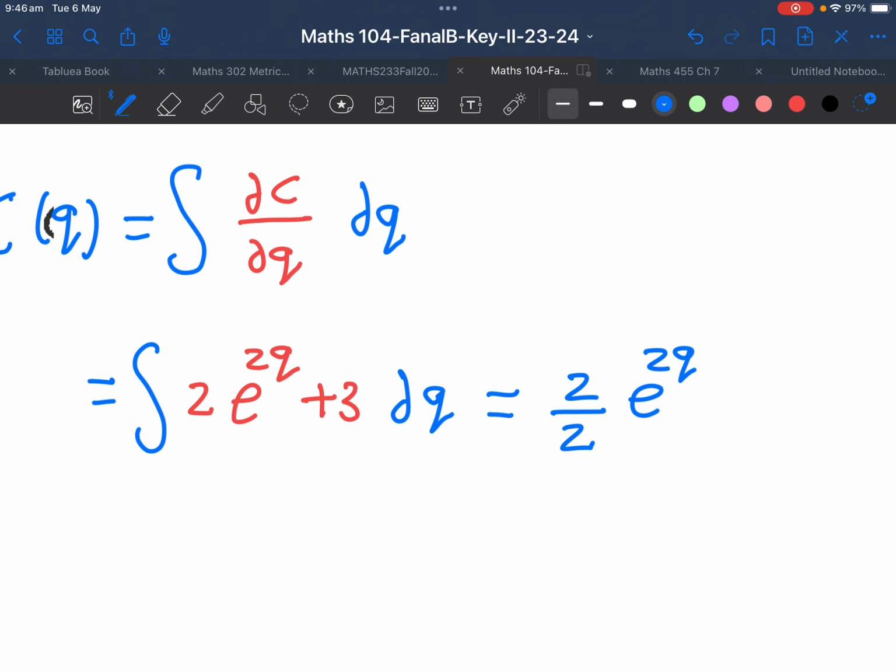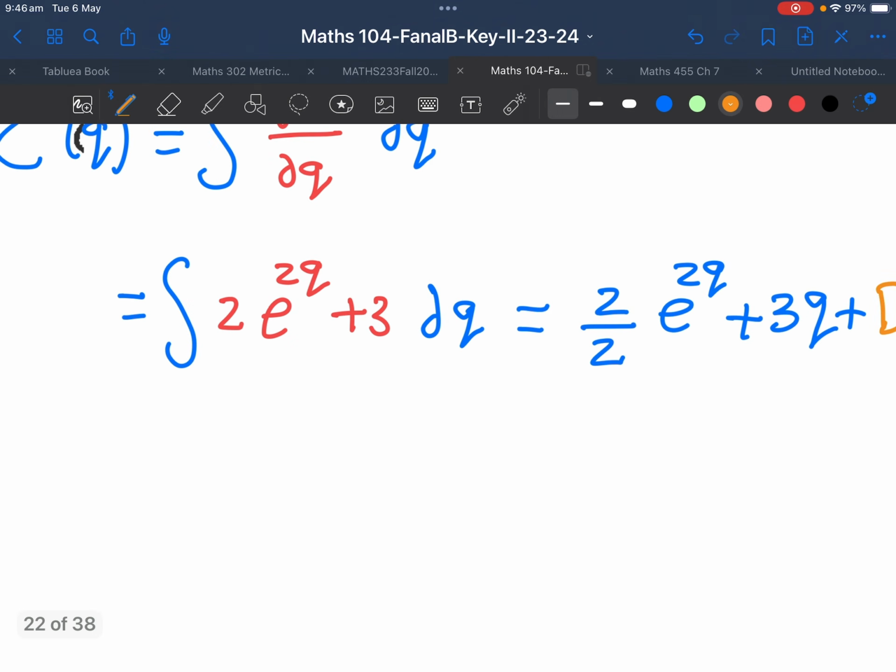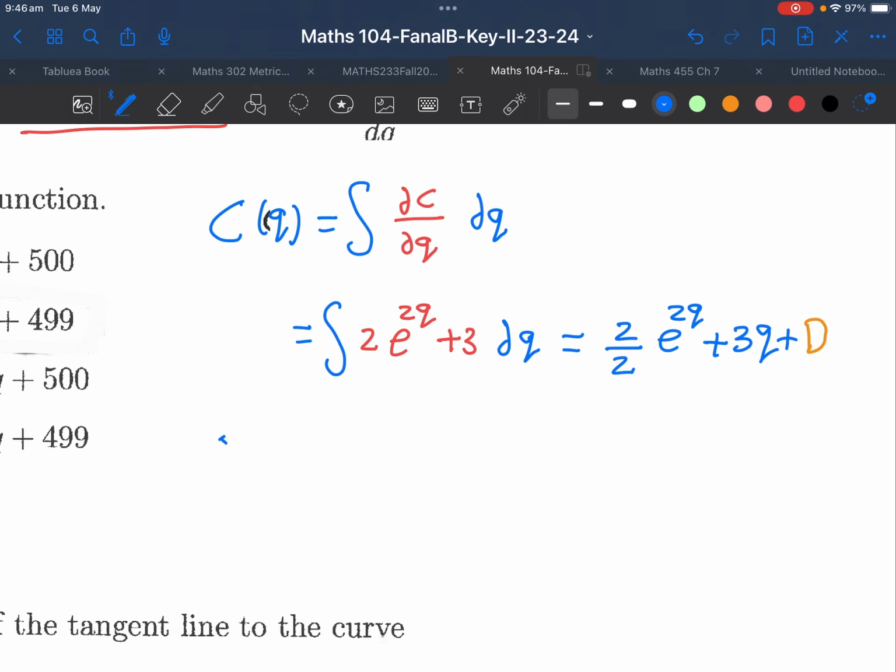So you have 2 and you divide by 2. Plus the integral of 3 is just 3q plus the constant, which is not here, I'll just add it. We call it d. So my final answer would be C of q equal to e to the 2q plus 3q plus d.